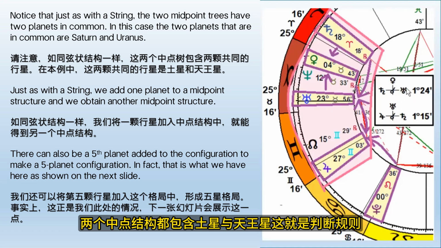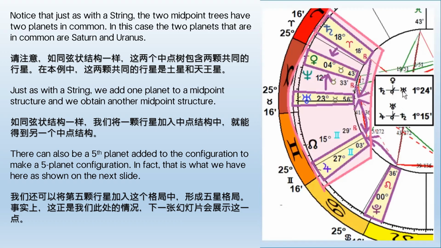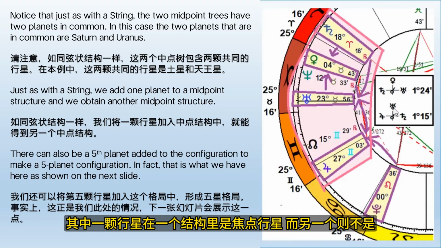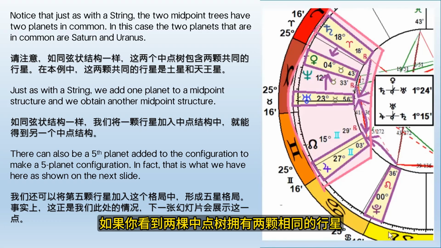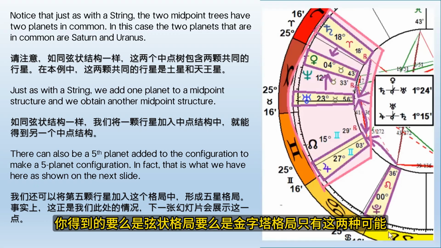So that's the rule. And what's going to happen, by the way, is that in one case, one of them will be the focal planet, in the other case it won't be. But anyway, just look for two planets that are the same. And then what do you have? If you see two midpoint trees, and those two midpoint trees have two planets in common, what do you have?